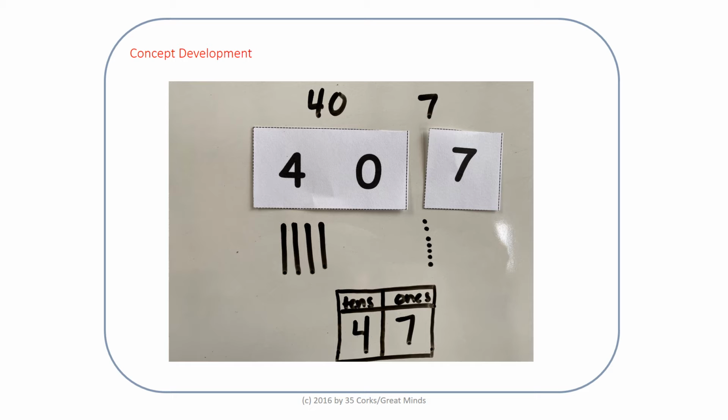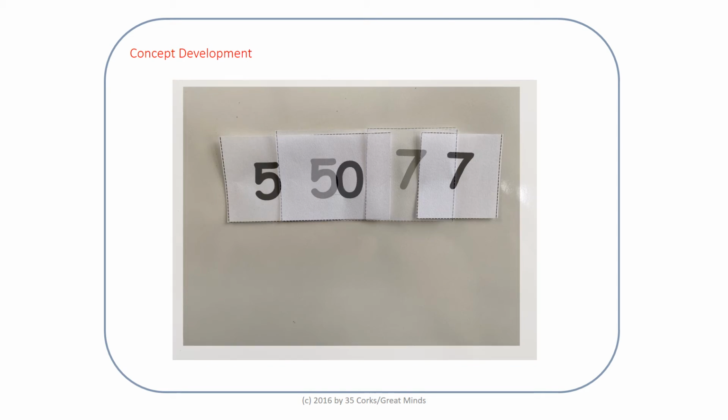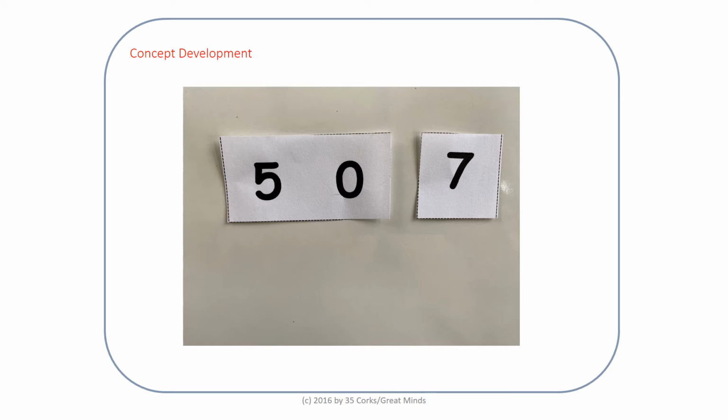We're going to do this process again with a new number. What number am I showing here? Good, 57. When I take my cards apart, what 2 parts are we going to see in the number 57? Good, we're going to see 50 and 7. Now I'm going to draw quick 10 drawings to show that number.